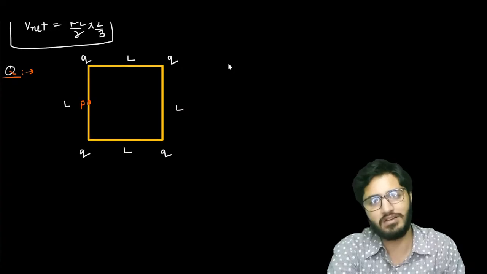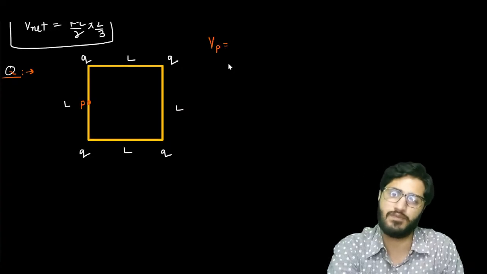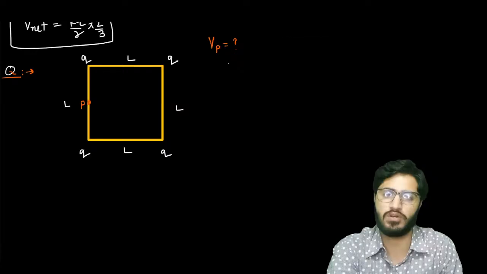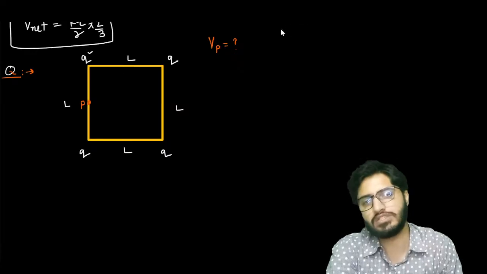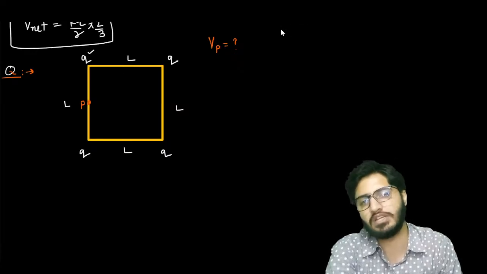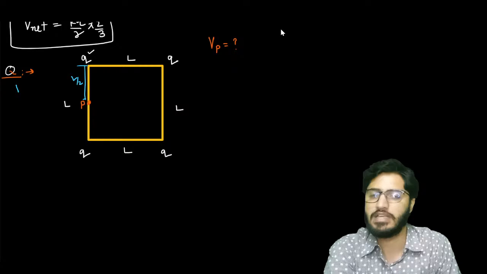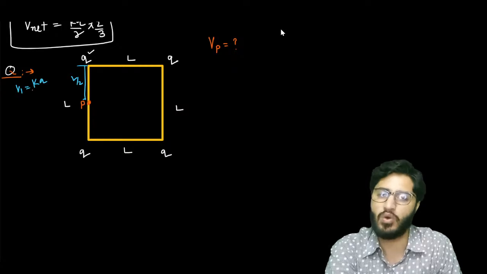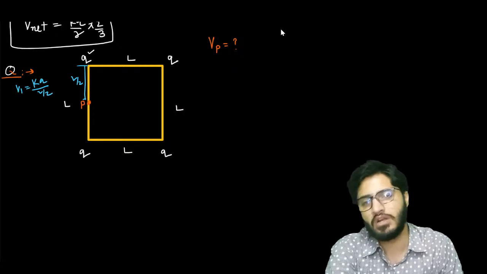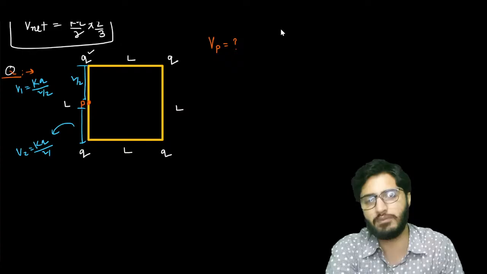No? Here, what is VP? Look now. Due to this charge, we will be having potential here. Yes, sir. So look, the distance will be L by 2. What is the potential? V1 will be K Q whole divided by L by 2. Now, due to this one, I will write V2, that is K Q divided by L by 2.